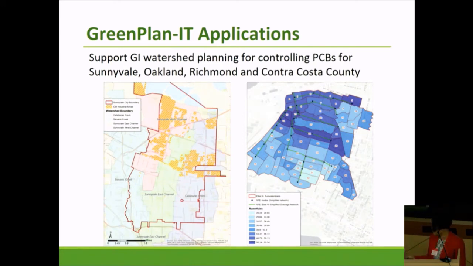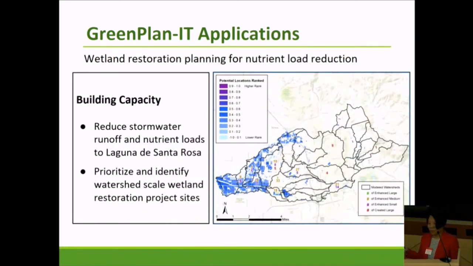Last year, we also had a very interesting application outside green infrastructure stormwater. Actually, we used the tool for wetland restoration planning for nutrient load reduction. This was done in the northern coast region in Laguna de Santa Rosa, where the tributary to Laguna de Santa Rosa.